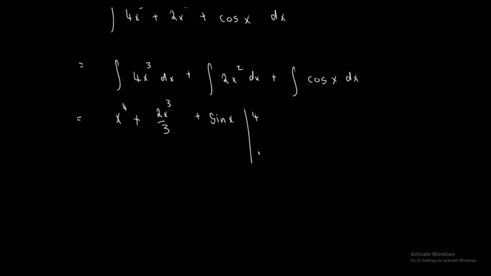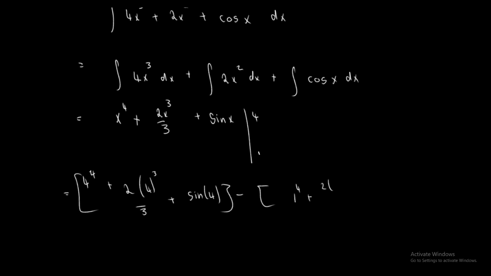So in this case, we can say, if I take 4 raised to the 4 plus 4 raised to the 3 over 3 plus the sine of 4, and I want to subtract this from 1 raised to the 4 plus 1 raised to the 3 over 3 plus the sine of 1.